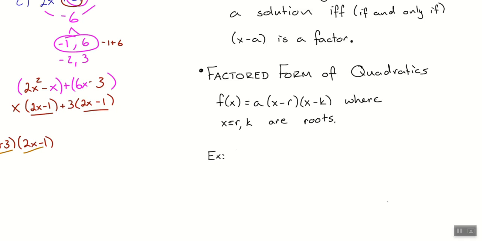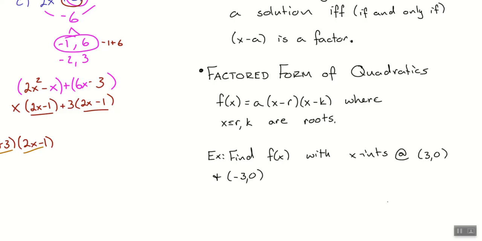So I want us to find the function f of x with, let's say, x-intercepts at (3, 0) and (-3, 0).